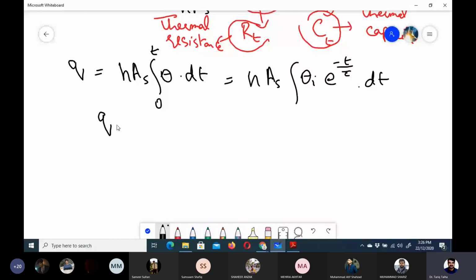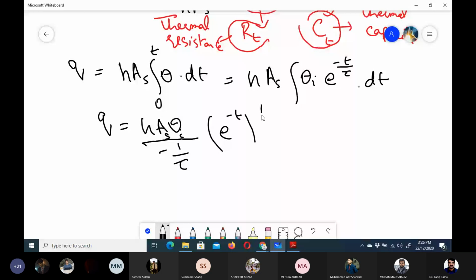Now if we take the integral here, we know that it would be minus 1 upon tau into e to power minus t upon tau, with limits 0 to t, right?